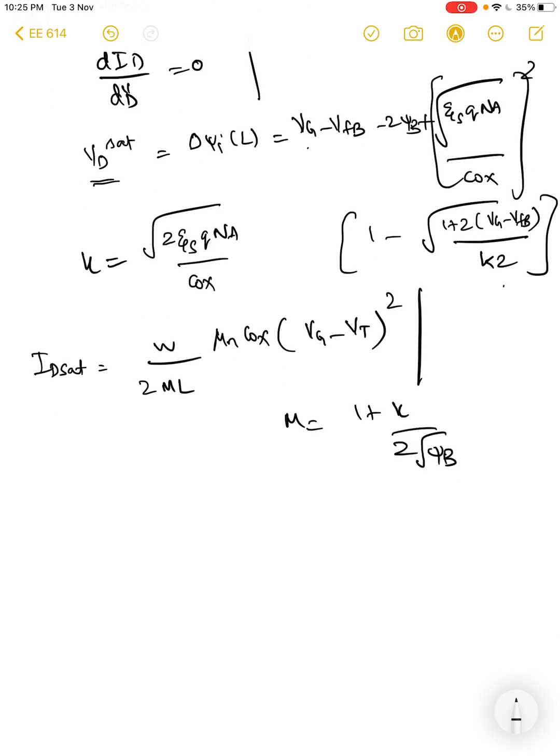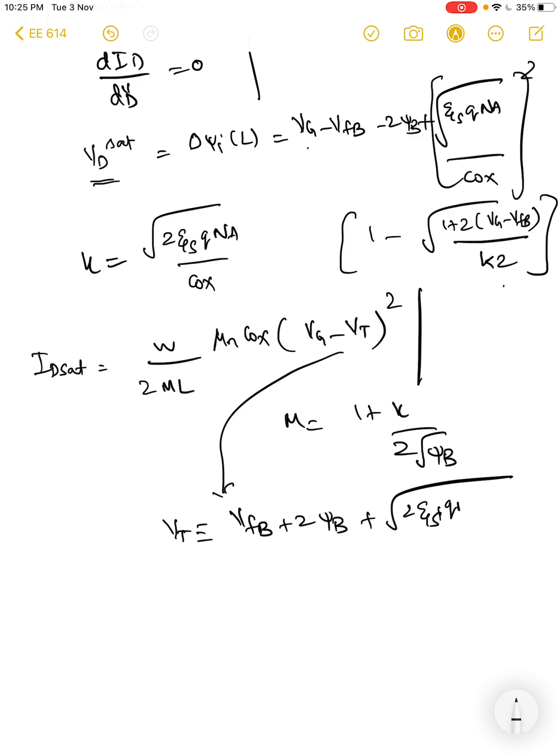And another thing that we have used here, which we have not defined yet, is this Vt, which is written as Vfb plus 2 psi b plus root of 2 epsilon s q Na. Remember, we defined the threshold voltage even in our metal oxide semiconductor junction, right?